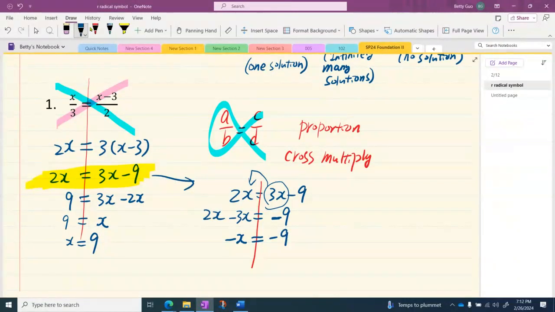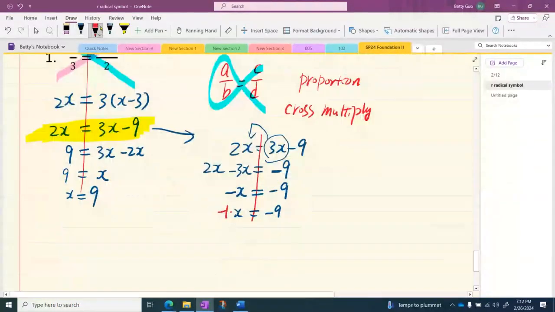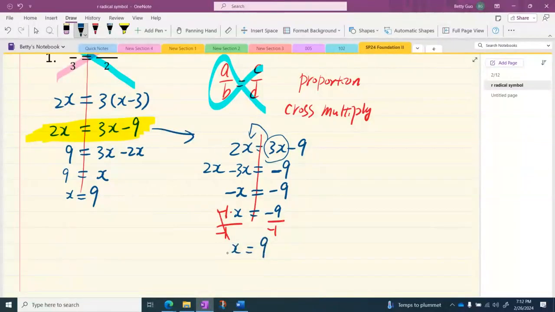Your coefficient of x here is negative 1. So we would have to divide each side by negative 1 to isolate the x. Cancel, cancel. We have x equals negative 9 divided by negative 1. We have a positive 9. You would have the same answer.